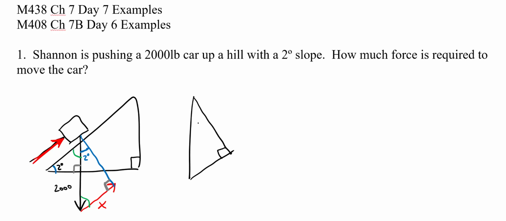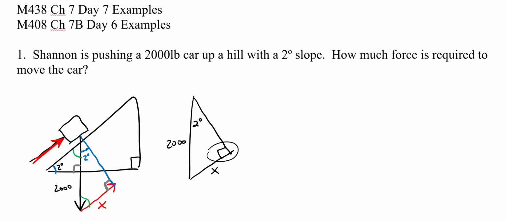Okay, and this is, again, 2 degrees. You know this is 2,000 pounds, and you're looking for x. Now, some people say, well, Mr. Chris, can't you just use law of sines? Yeah, you can. Sure, you're going to have sine of 90. Well, what's sine of 90? It's 1.